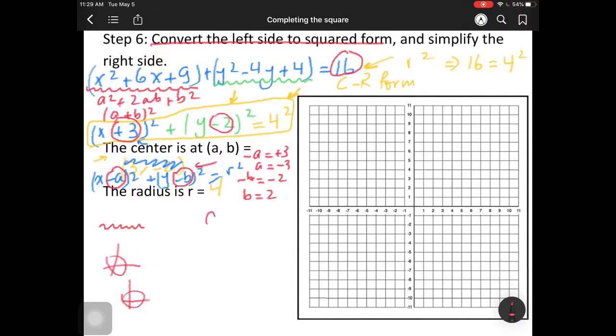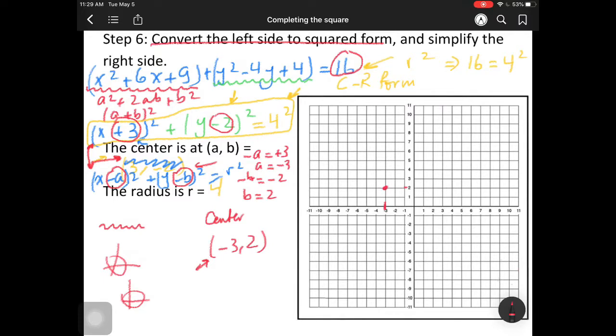So the center is minus 3, 2. So I had made a mistake here because I did not match the equation to the center radius form that I already know. So now let me locate my center, negative 3 and 2.